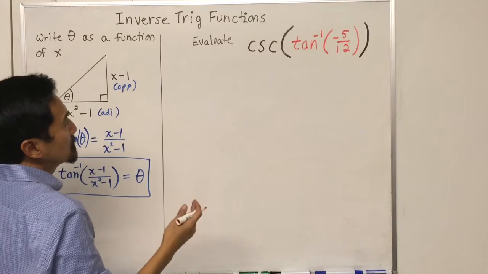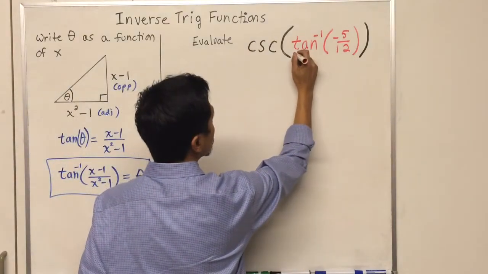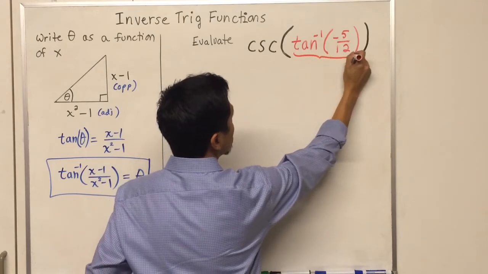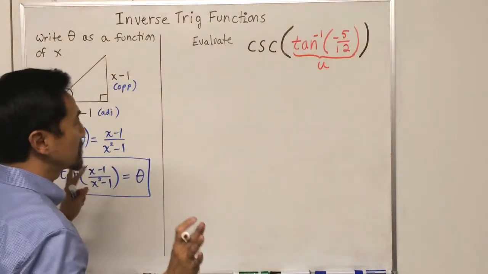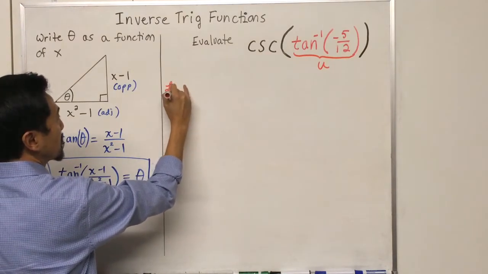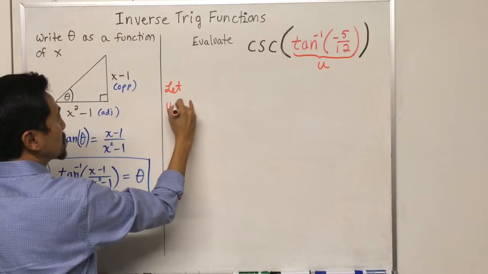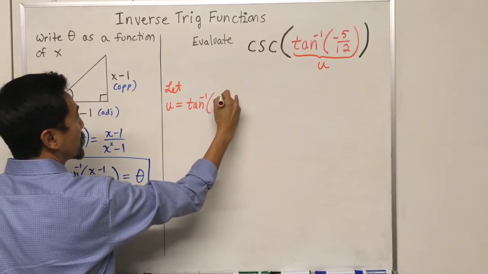So what I'm going to do is I'm going to begin by letting all of this here in red be equal to this variable u. You can use any letter you want. So let's go ahead and write that over here. We let u be equal to the inverse tangent of negative 5/12.